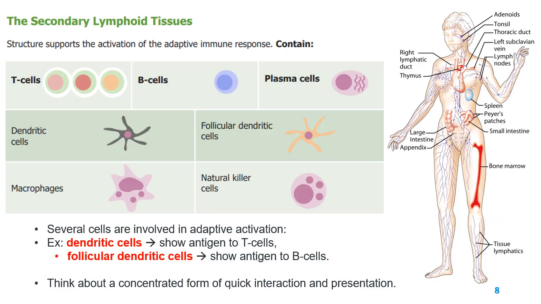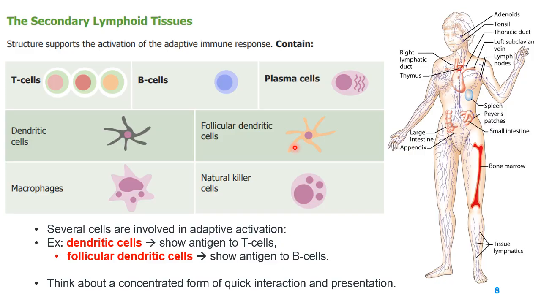All right, so just to recap, what are your secondary lymphoid tissues and what cells do you find there? Secondary lymphoid tissues are all the tissues except your thymus and your bone marrow. Everything else involved with your lymphatic system is considered secondary lymphoid tissue. The cells you find there are all sorts of T cells and B cells, your differentiated B cells, which are plasma cells, and your very important link between the innate and adaptive immune system, the dendritic cell.